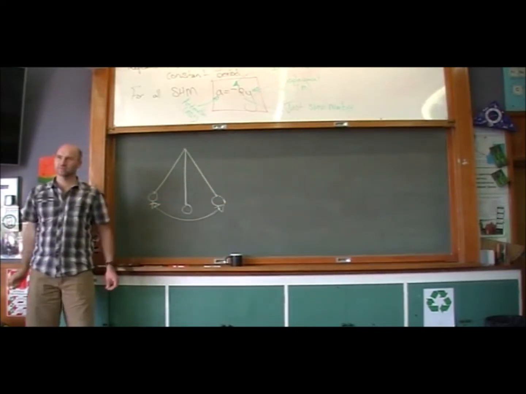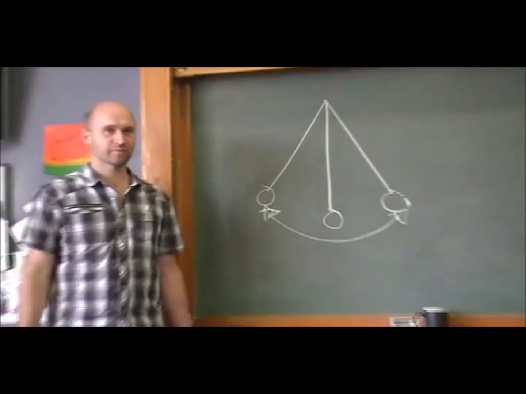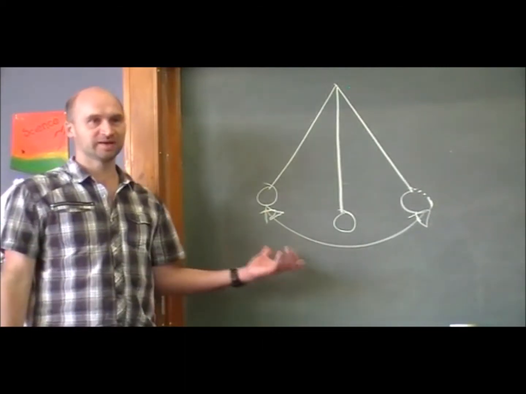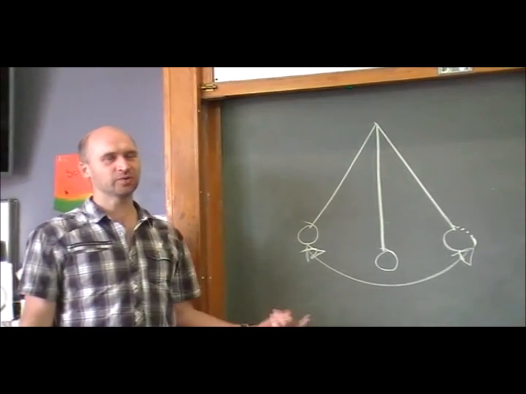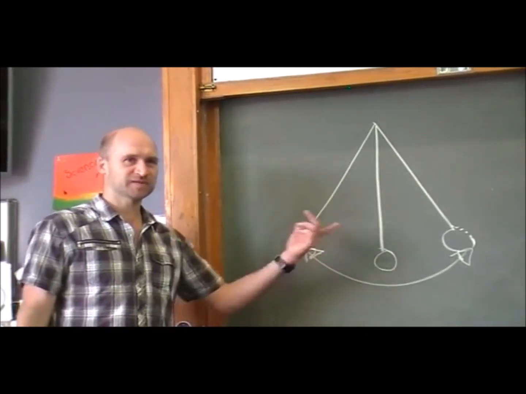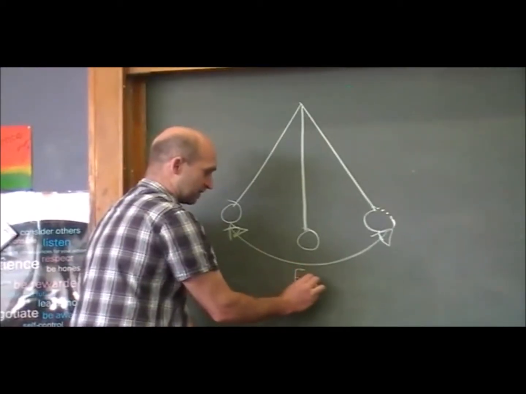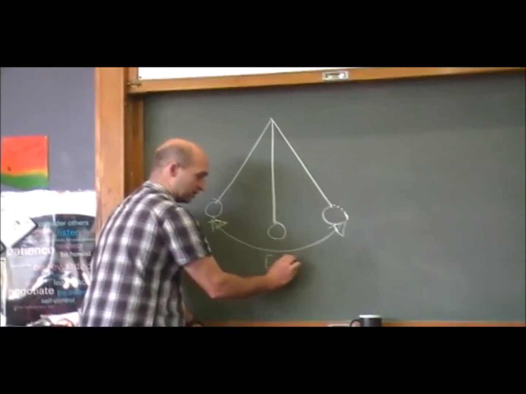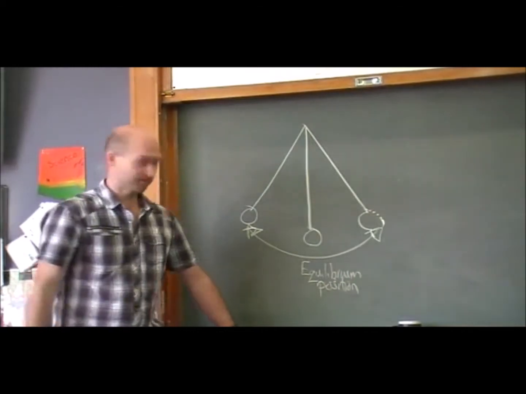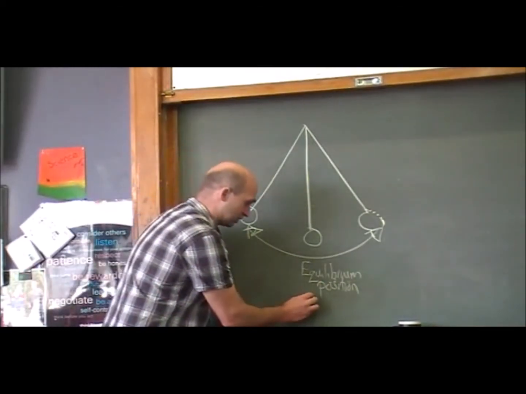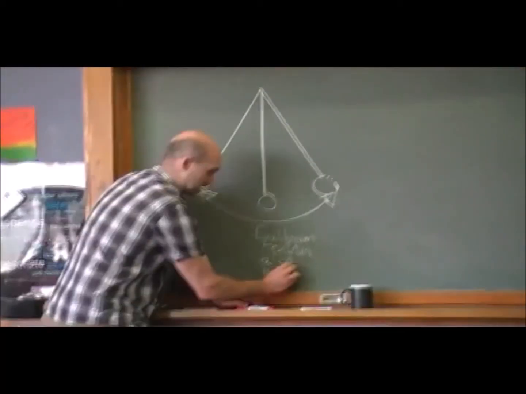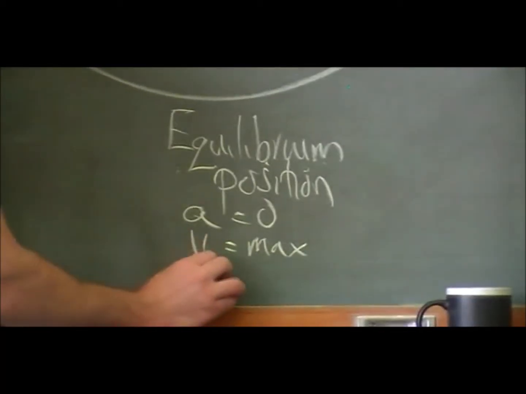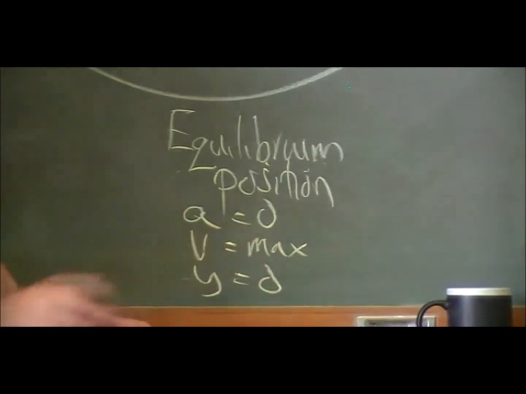So a pendulum's a really good example of simple harmonic motion, but we're not just doing a simple pendulum. It's a really good example, but it's also a really annoying example to solve. So it's nice to think about because it's really obvious that the equilibrium position is in the centre, and at that equilibrium position, we know that the acceleration is 0, the velocity is maximum, and the displacement is 0.